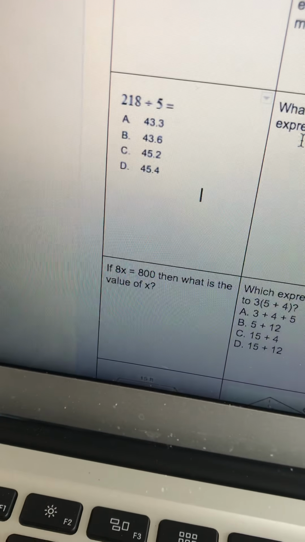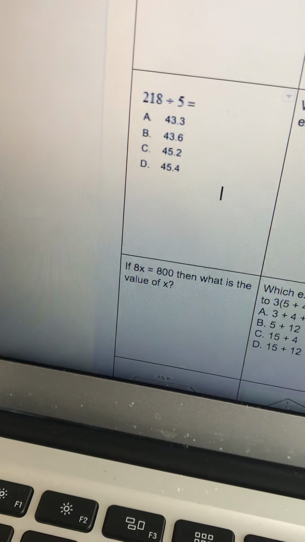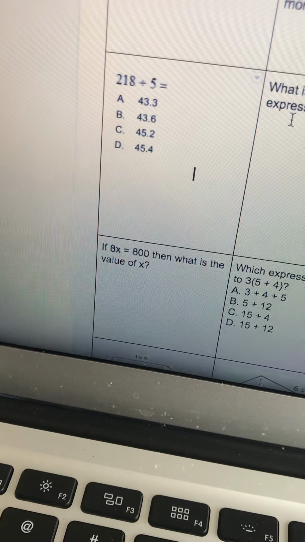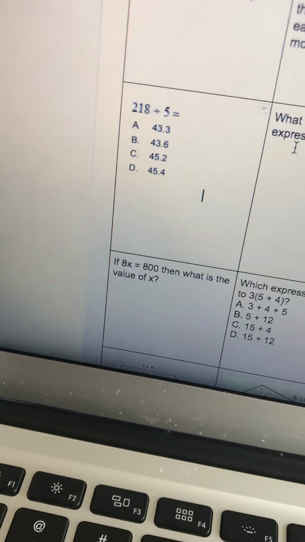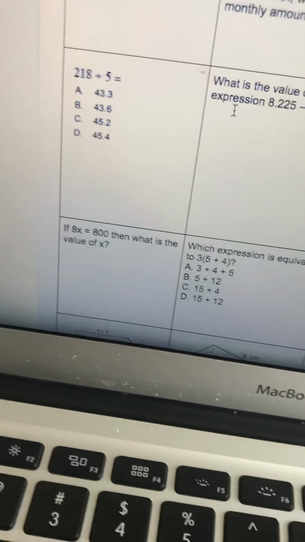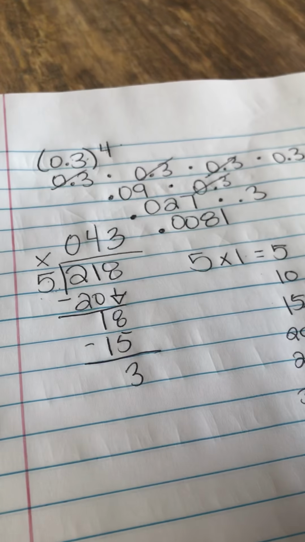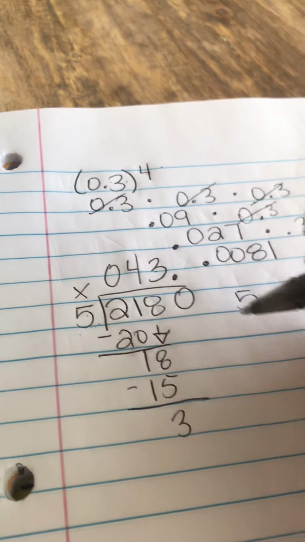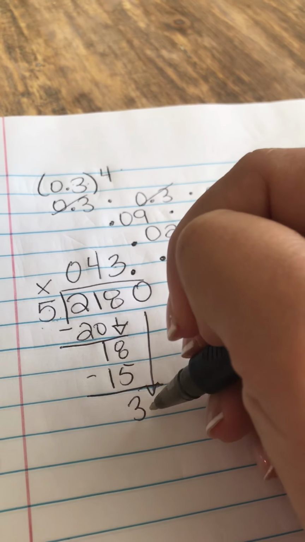So let's look at our answer choices. Do we see 43 with a remainder of 3? We see 43.3, but I don't think that is the correct answer choice. We need to add a trailing 0. So we would add our decimal point, add a 0 here, bring it down.